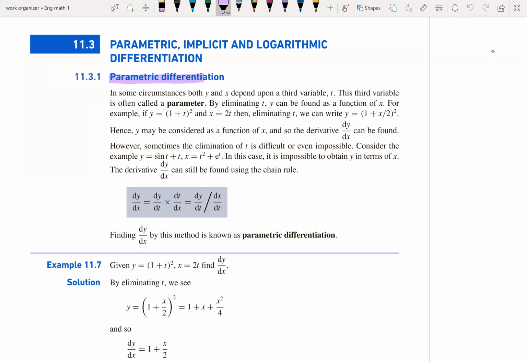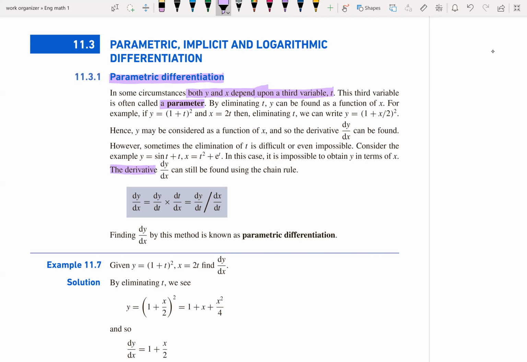So parametric differentiation. In this case both y and x depend upon a third variable t. The third variable is called a parameter.